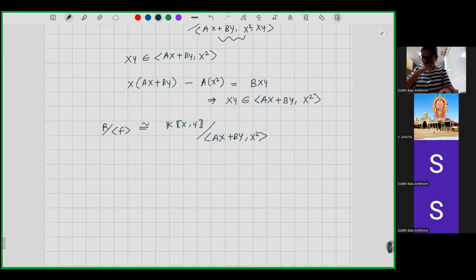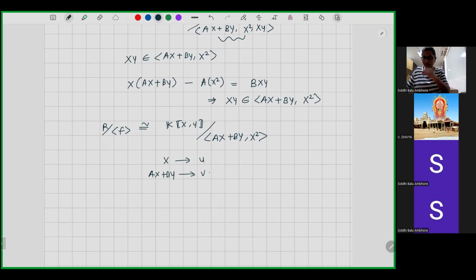Okay, so now I do the change of variables. Instead of x, my x is going to x here, that's not a problem, but let me just write u here. And this ax plus by is going to v here, suppose.